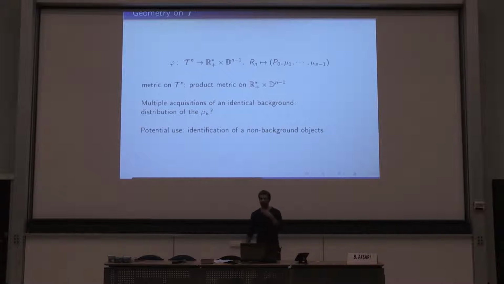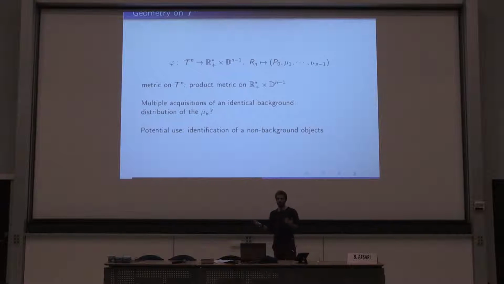And the interest of this new parametrization with reflection coefficients is that the metric we are working with on the space of Toeplitz covariance matrices becomes diagonal. And it's actually a product between the logarithmic metric on R plus and n minus 1 times the Poincaré disk.